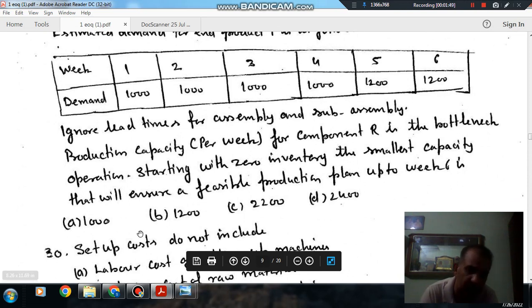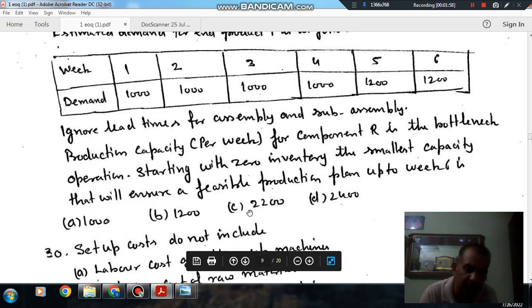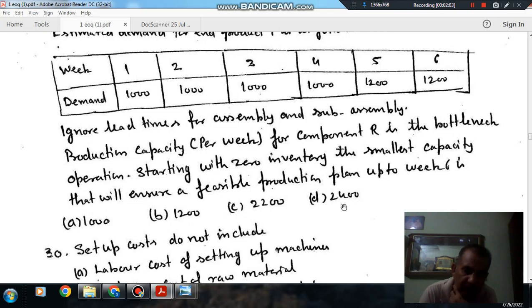These two options are automatically omitted because we require at least 2000 components to satisfy the demand of the first week. So the two options left are 2200 and 2400.